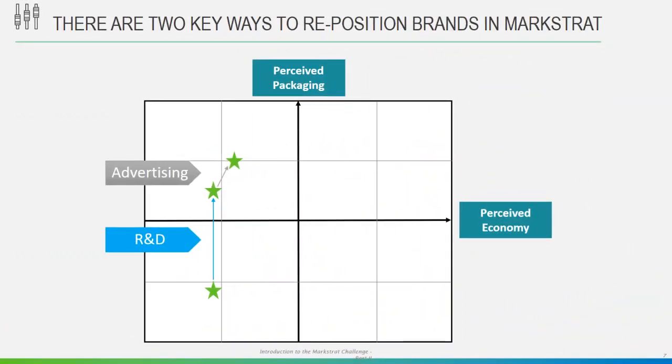You can position, or reposition, your brands two different ways within Markstrat. The first one is advertising. You can go into the decision screen for the marketing mix, go to the advertising section, and do what's called create perceptual objectives. With perceptual objectives, you're deciding what you want your ads to say.